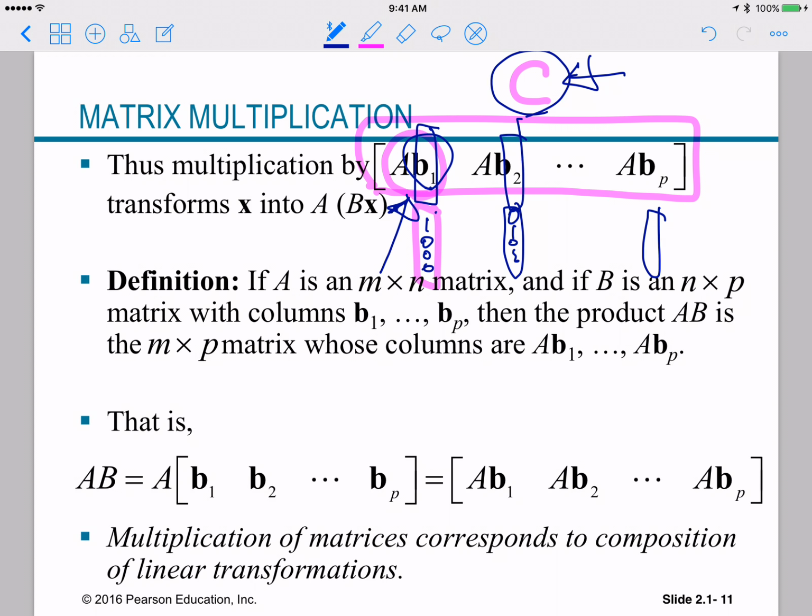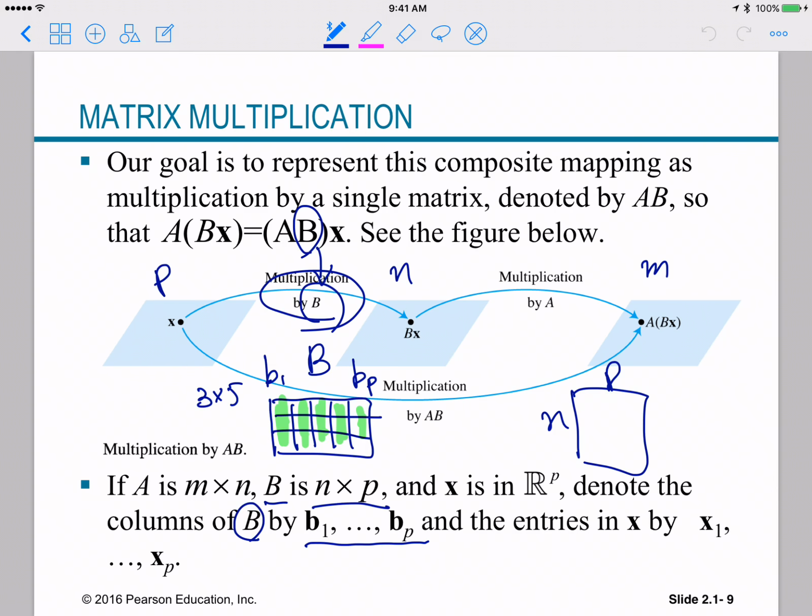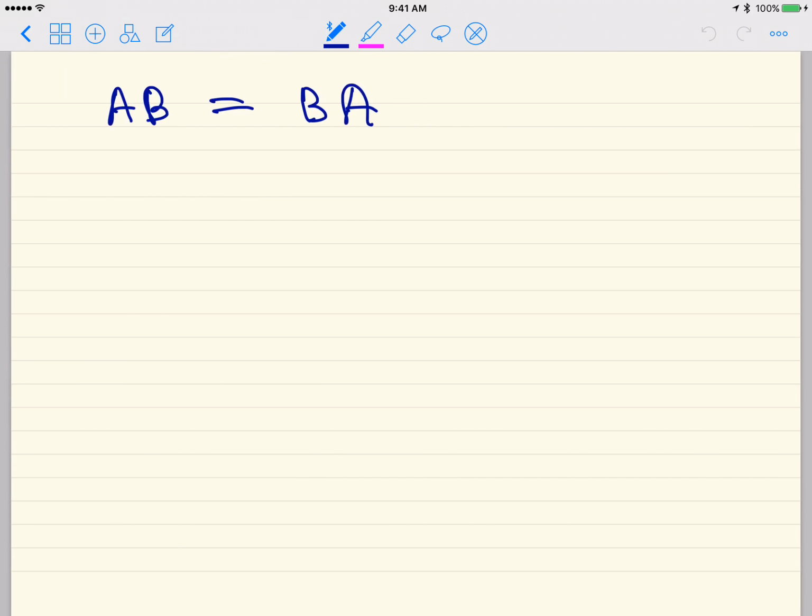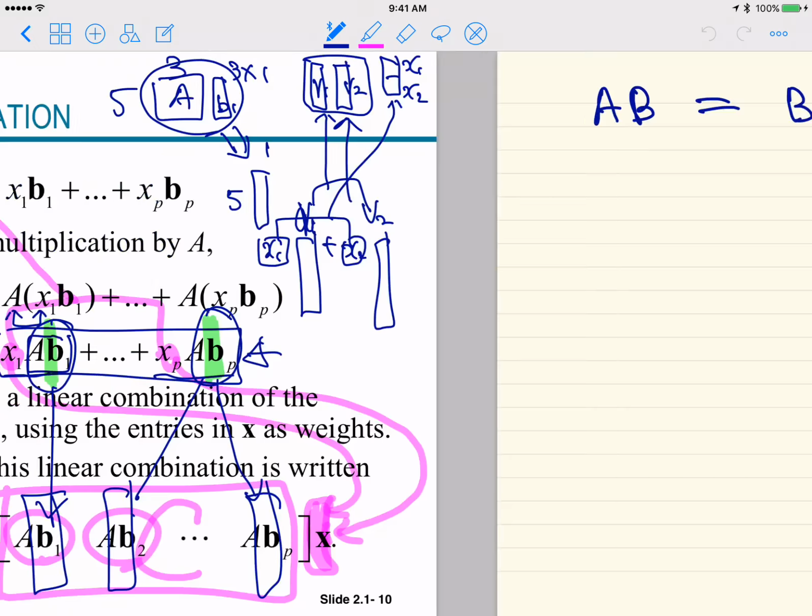And what were these B1 and B2 and so on? Those vectors came from the first transformation that we used here, and they are its columns.